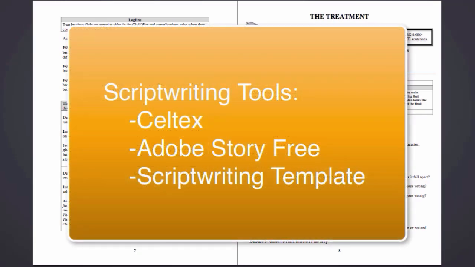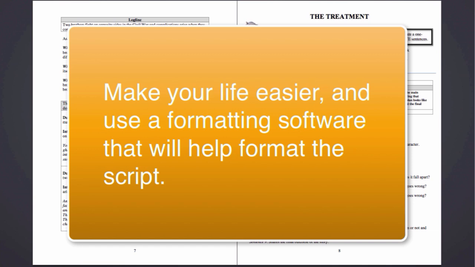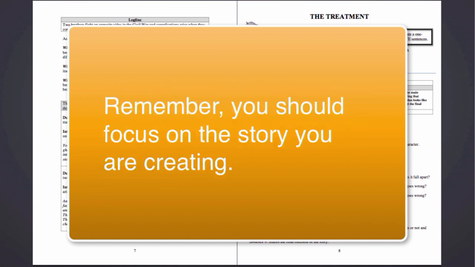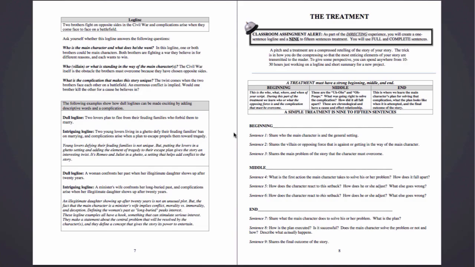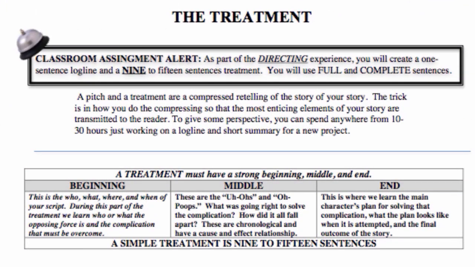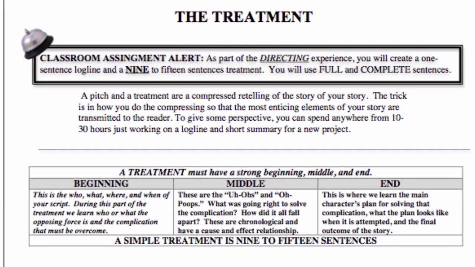Whether you're using Celtx, Adobe Story Free, or a template that you find online, all of these tools are there to make the formatting easy because at the end of the day, it's about the story you're creating. Every scene you create should be an extension of your treatment. And your treatment should be the exploration of a particular theme.